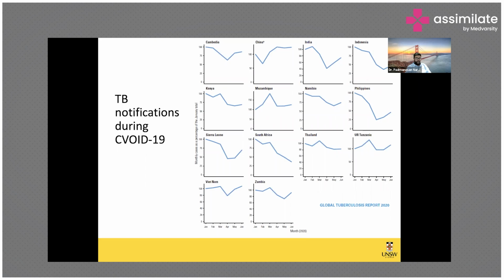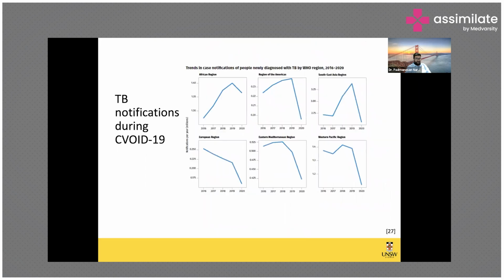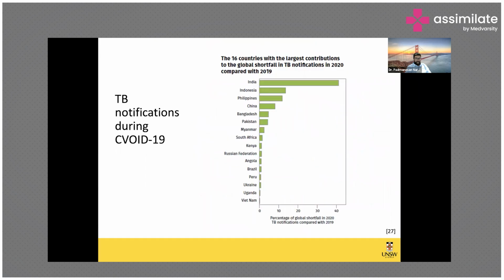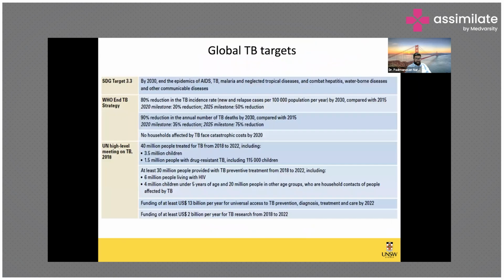As I told you, during COVID, notifications dropped in most countries, not just for TB but for all diseases. Let me skip all of that. What happened during the last 10 years in the global arena is that we had a sustainable development goal target, and now that has been revised into the World Health Organization's End TB strategy.